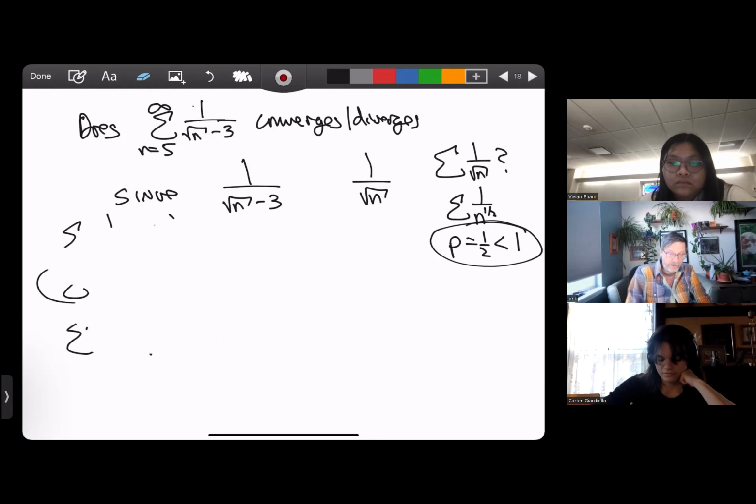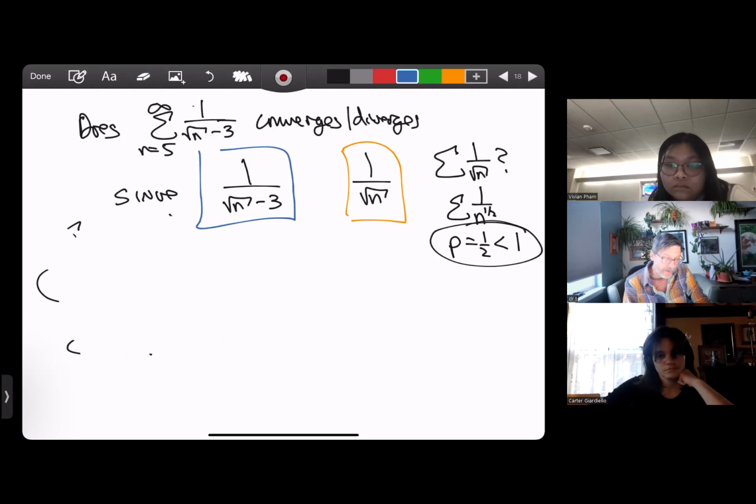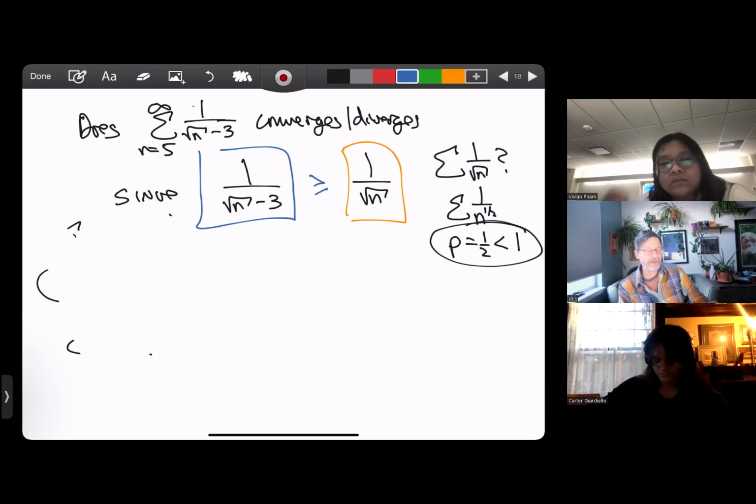So look at what I've got here. I've got this thing in yellow that I know when I add those up, they diverge. And I've got this thing in blue that I was given. Notice that this holds true. This one's a little harder to see, but the thing on the left has a smaller denominator.